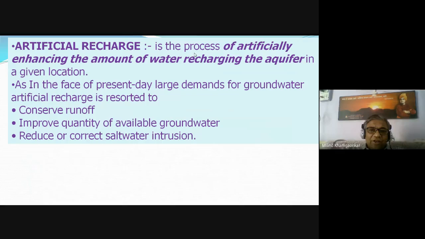So artificial recharge is the process of artificially enhancing or increasing the amount of the water recharging the aquifer in the given location.